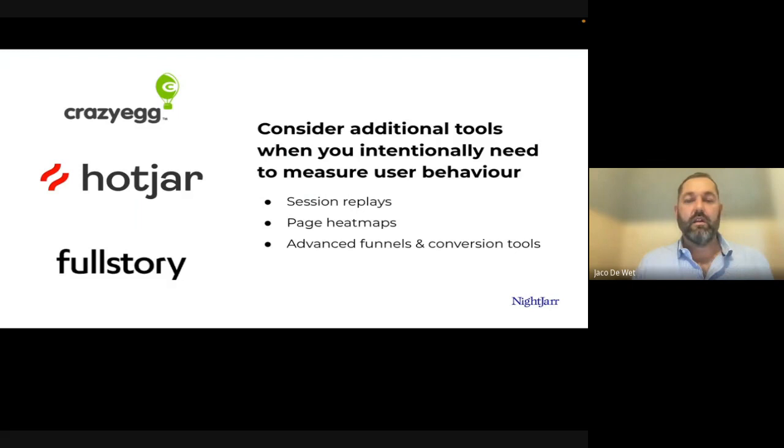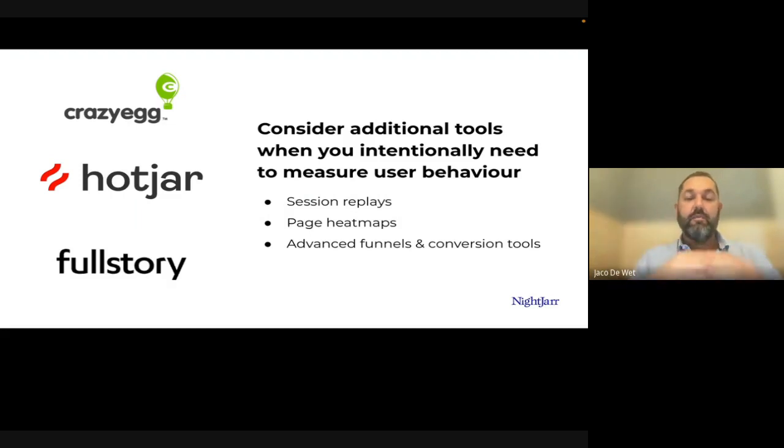If you really want to dig a little deeper, there is some amazing user behavior software that allows you to do session replays. In other words, you can actually see how a user used their mouse, where they clicked.